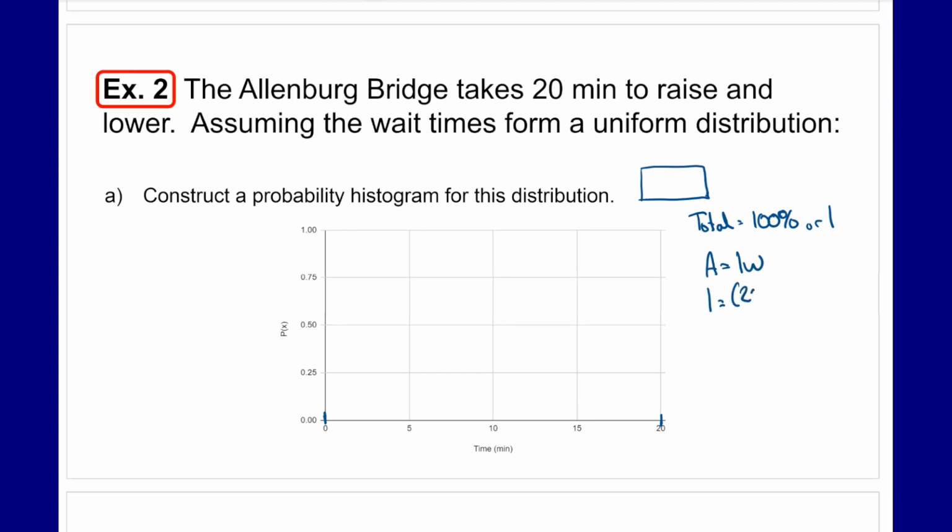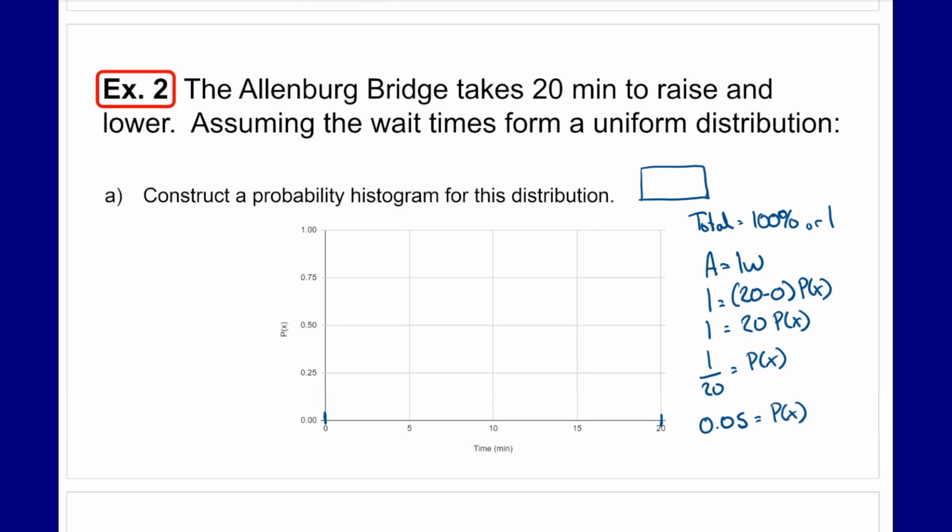That means my length is 20 minus 0, and we multiply by the height, which would be our probability. 20 minus 0 is 20, so 20 times whatever our probability is would give us 1. We can work backwards and solve the equation: 1 divided by 20 equals the probability, so the probability of this uniform distribution is 0.05.